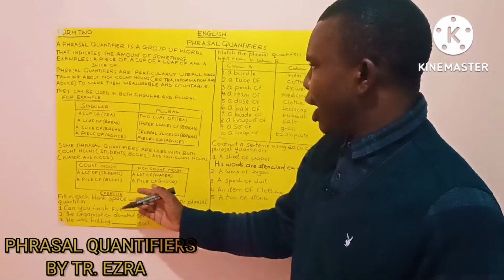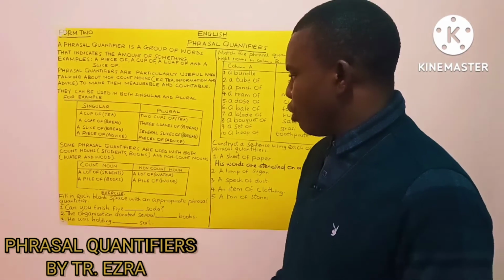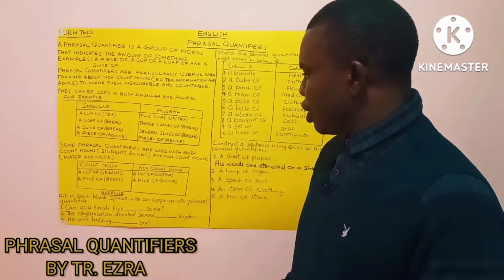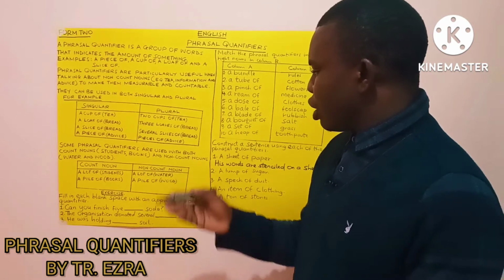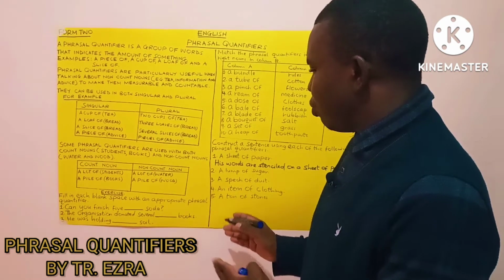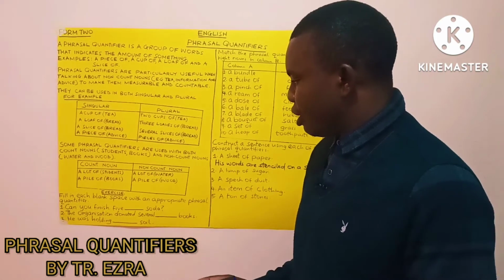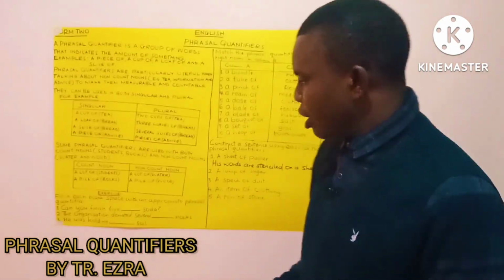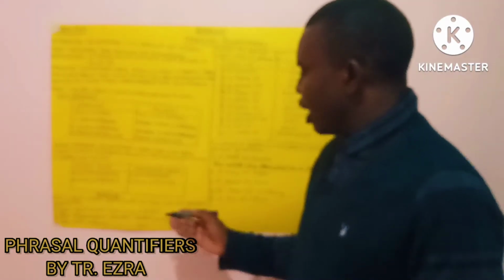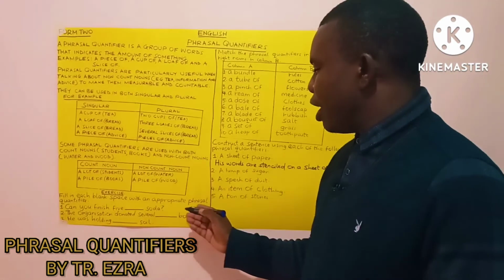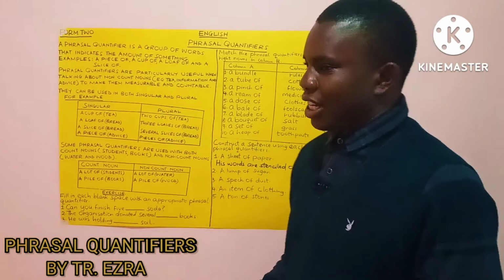Very first, let us consider an exercise on phrasal quantifiers. An instruction is given here for us to fill in each blank space with an appropriate phrasal quantifier. Like in number 1, we have, can you finish 5 dash soda?